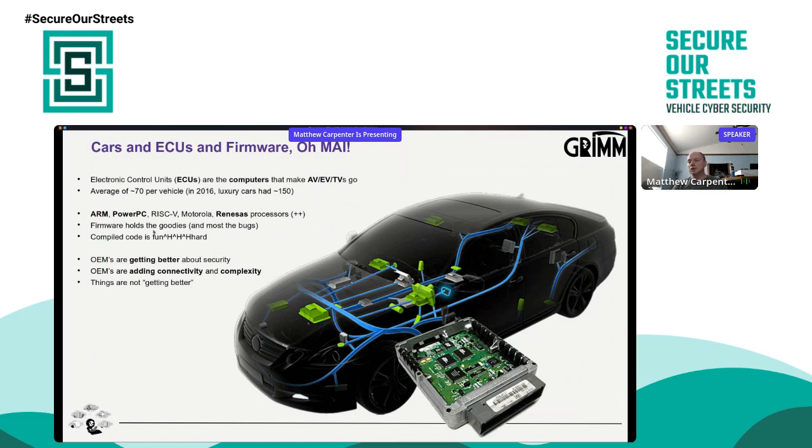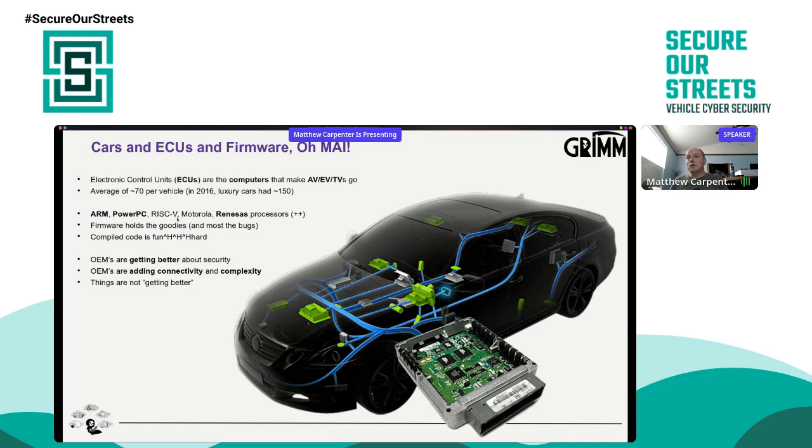So firmware holds the goodies. If you're doing reverse engineering of an ECU or an infotainment system or a telematics device, there's firmware in there. That's where vulnerabilities typically occur that are remotely exploitable. We'll talk about the remote, proximity, and local exploitation attack vectors shortly.